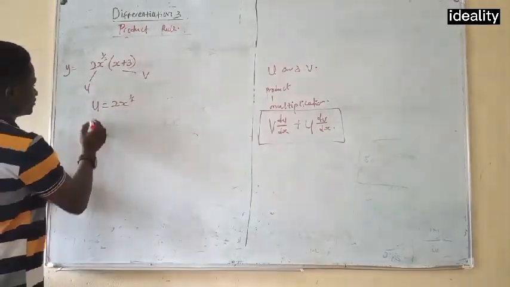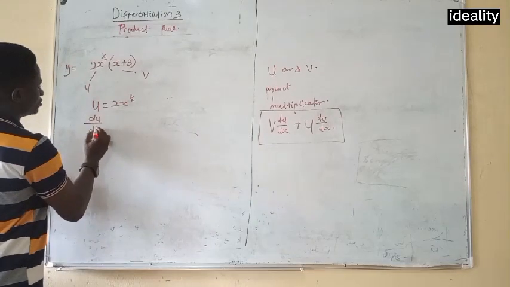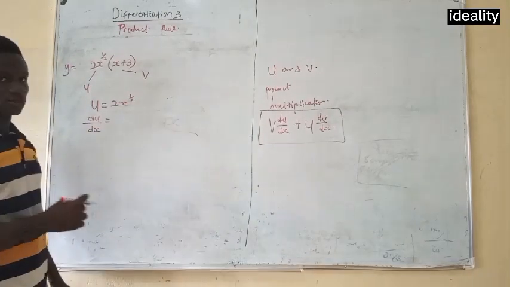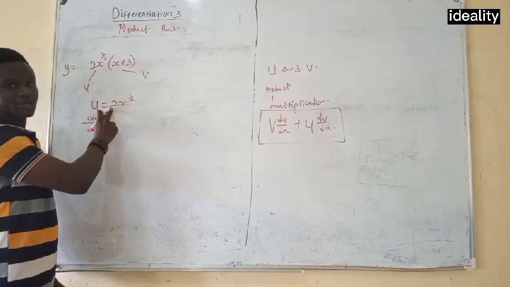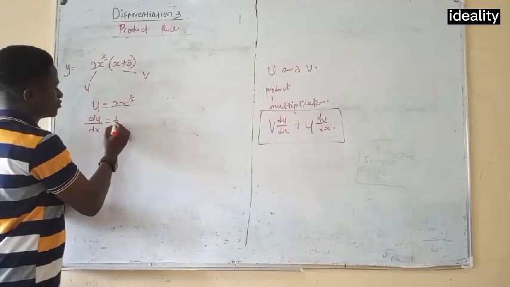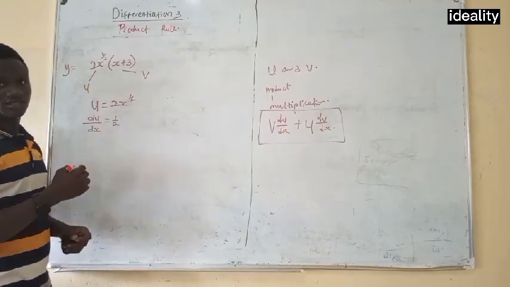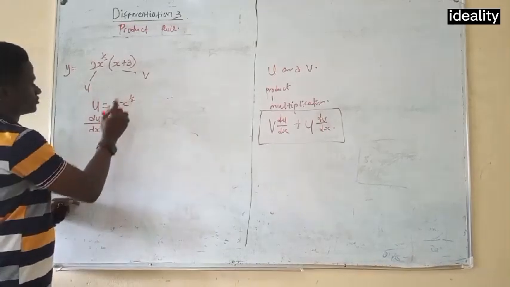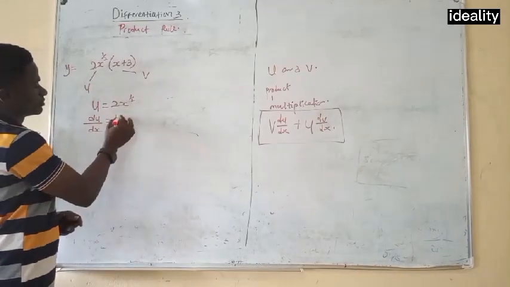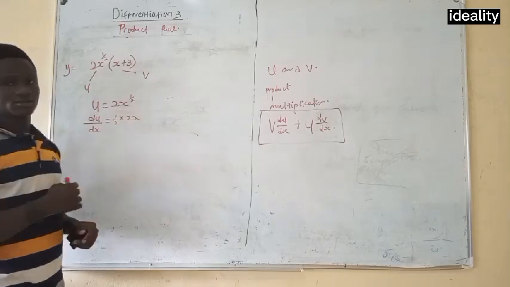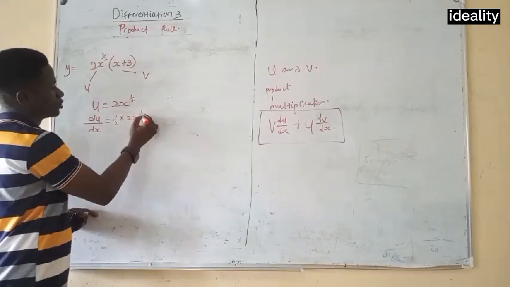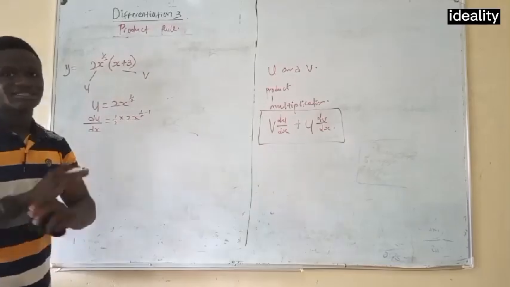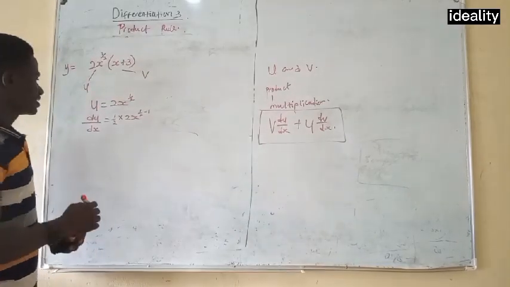When I differentiate, I will have du dx is equal to this power multiplied by this, that's 1 over 2 multiplied by 2x. Just use the general method. When you differentiate, you have 1 over 2 multiplied by 2x raised to the power 1 over 2 minus 1. General method, I've explained that earlier.